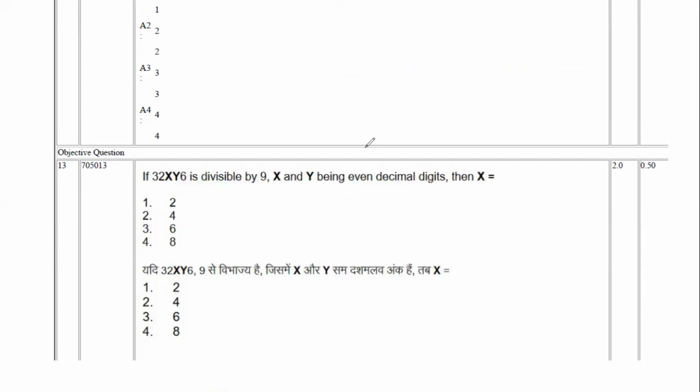So this is the cyclicity rule. X and Y being even decimal digits, then X is equal to what? Not really a cyclicity rule, but more like the divisibility rule, where digits add up to a multiple of 9, then it is divisible by 9.